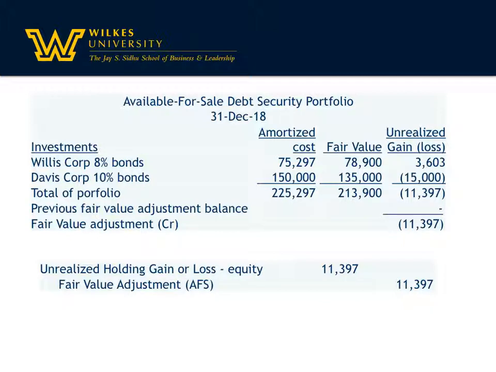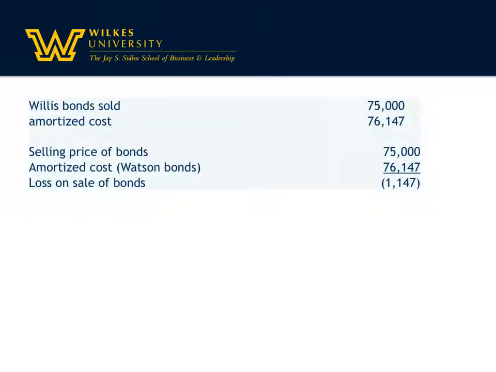And what do you do if one of the bonds sells? So for this example, let's say Willis bond sold for $75,000 and it had an amortized cost of $76,147.